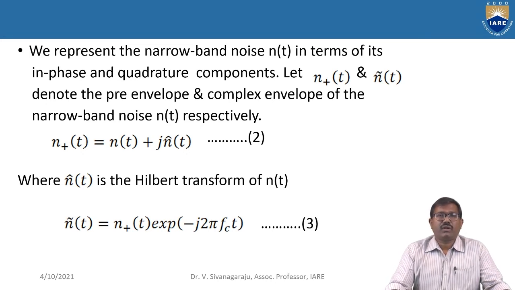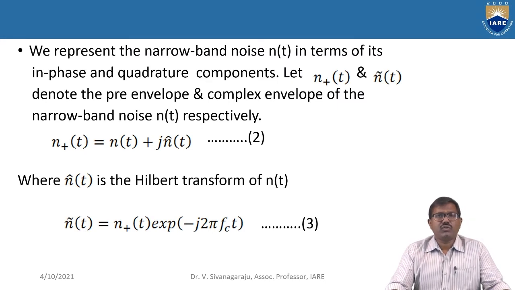And again, we are going to represent the complex envelope of the narrowband noise, that is n tilde of t, which is equal to n plus of t into exponential minus j 2 pi fct. So this is our third equation.